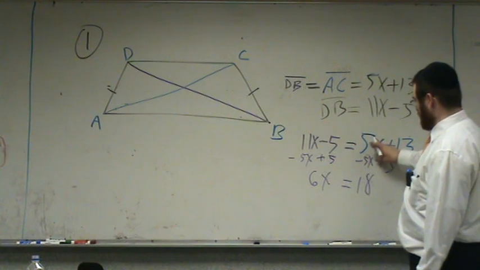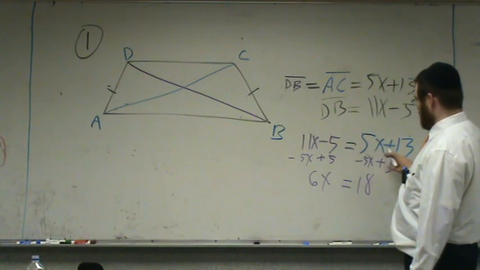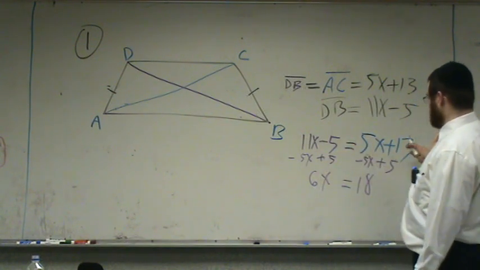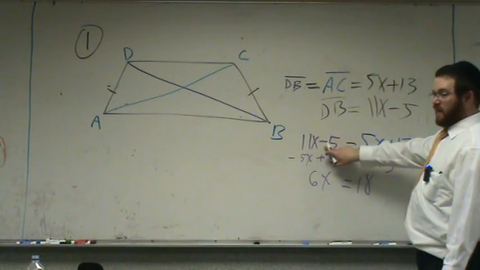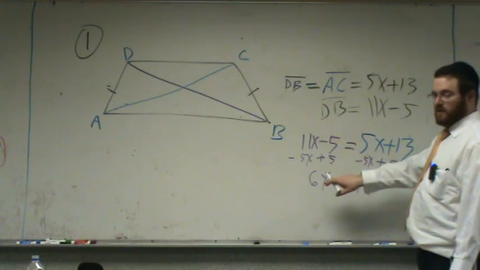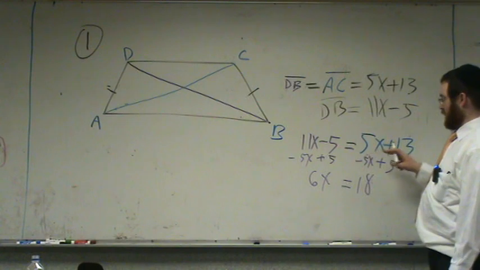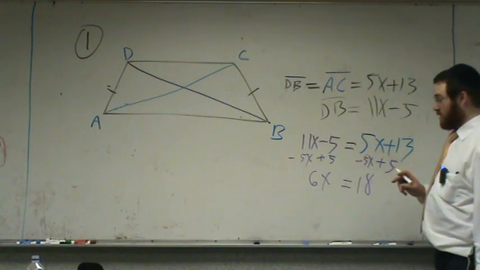There's a negative 5 on the right side, add 5 to get rid of it, and add 5 to the other side to keep the equation equal.